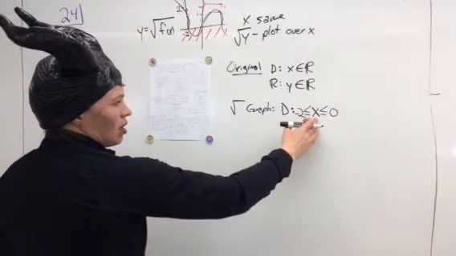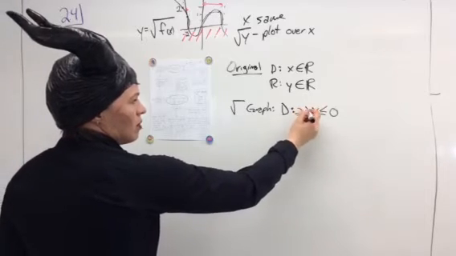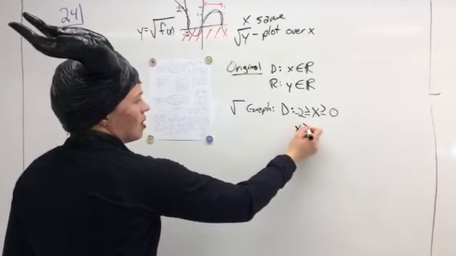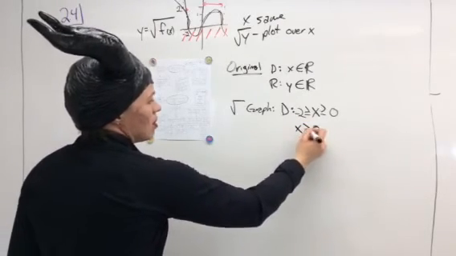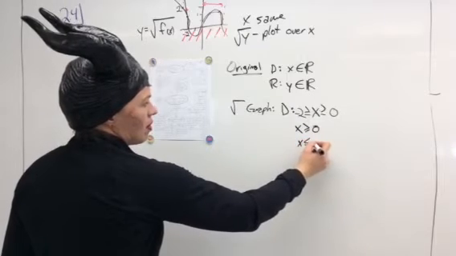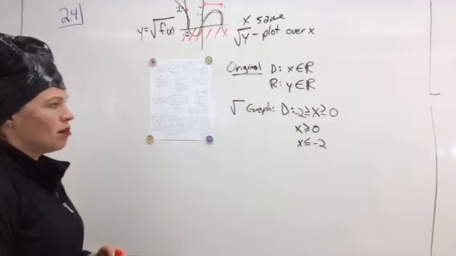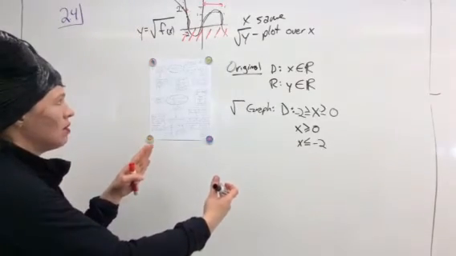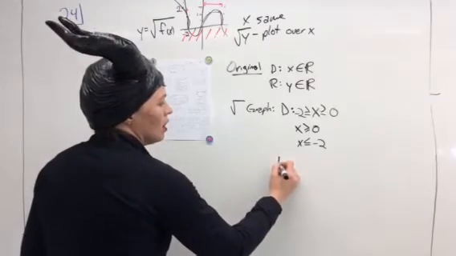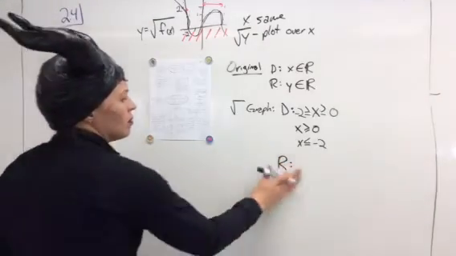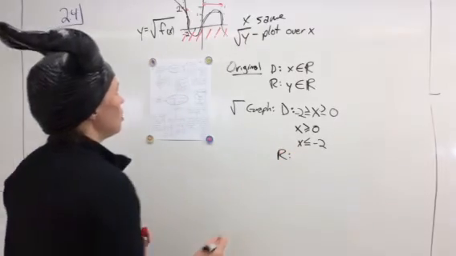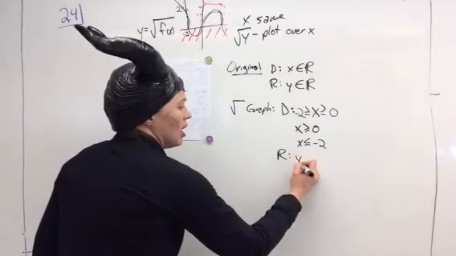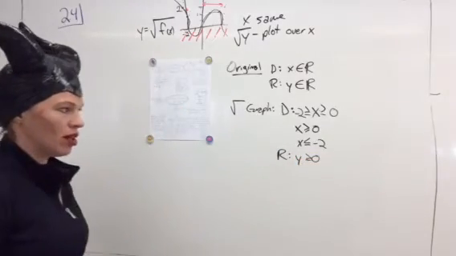Or your book will actually say that x is greater than or equal to 0 and x is less than or equal to -2. Either way, writing it is just saying that there is no value between -2 and 0 for x, so the domain is limited. The range also would be limited because you cannot have a negative value for y. So y is greater than or equal to 0, but not going to be below it.